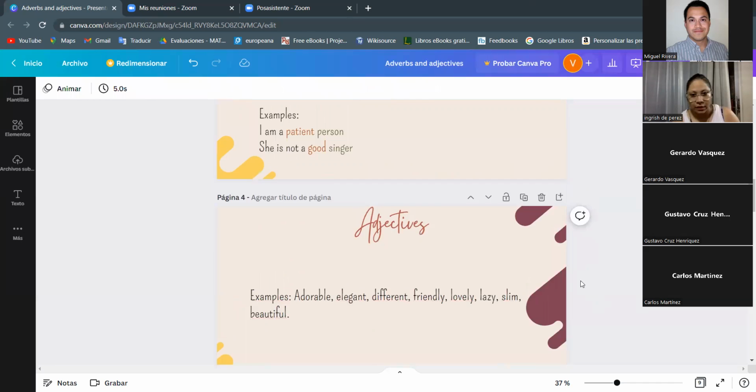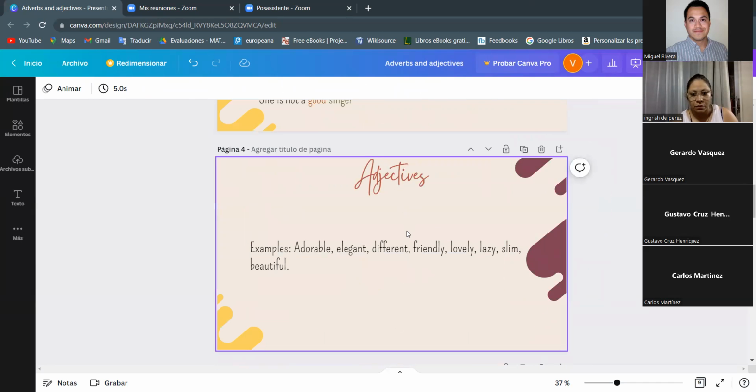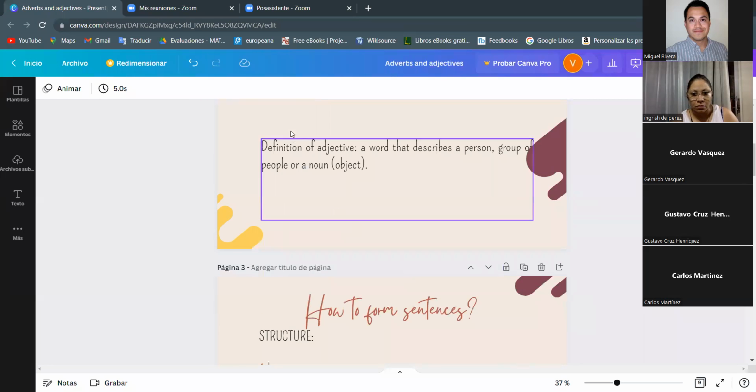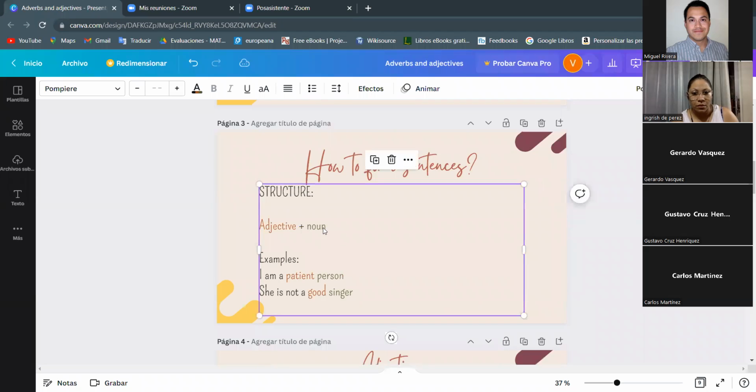So, yes. First goes the adjective and then the noun. So what do we know as nouns? I, you, he, she, it, we, you with the plural form, and they. Or objects.